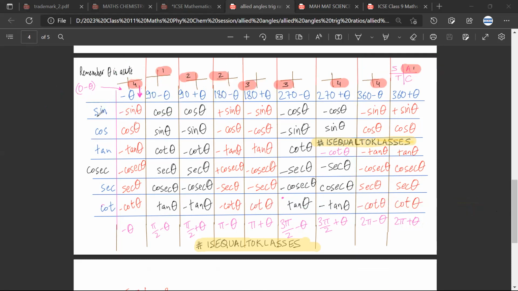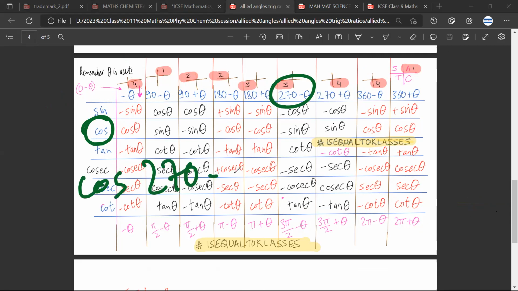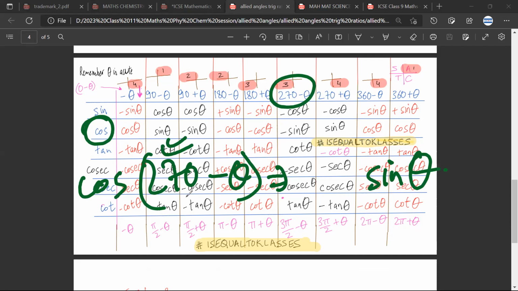Let us take another example. Cos 270 minus theta. There is a 270, so cos will change into sin. 270 minus an acute angle, you will be in the third quadrant.